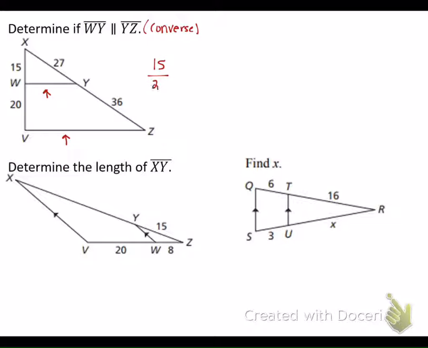15 over 20 equals 27 over 36. So notice this one here, Logan, we're proving that the sides are parallel. We're not trying to find a side. So we're just checking to see if that ratio simplifies. So, Harmony, what goes into 15 and 20?